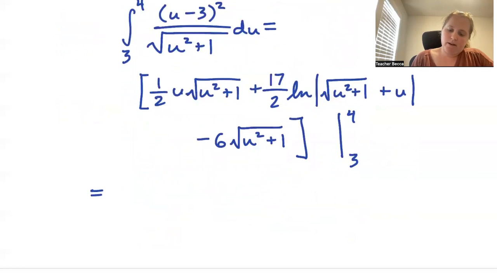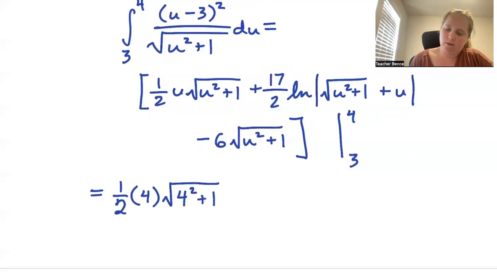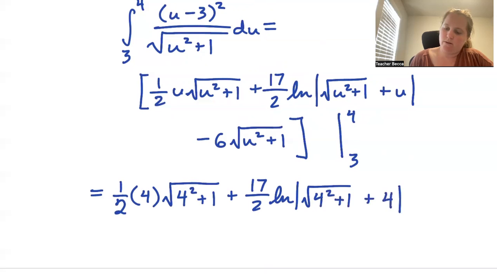So we are looking at 1/2 times 4 times the square root of 4 squared plus 1 plus 17/2 times the natural log of the square root of 4 squared plus 1 plus 4 minus 6 times the square root of 4 squared plus 1.